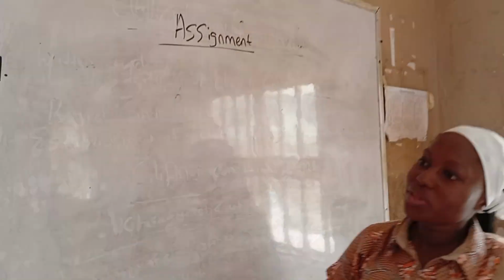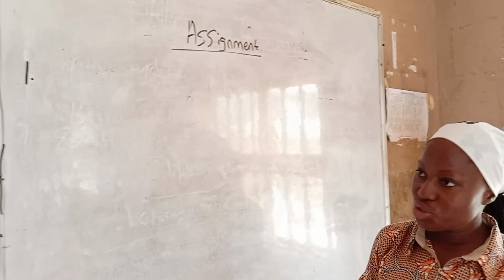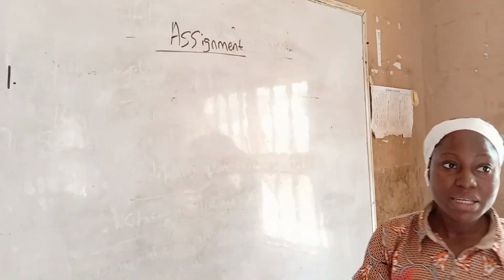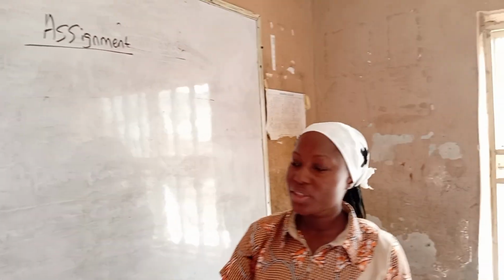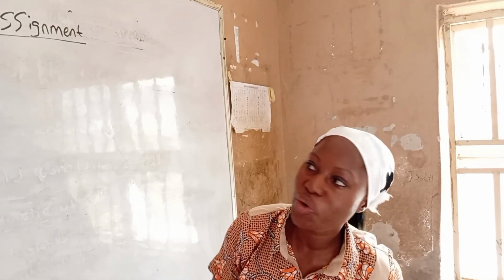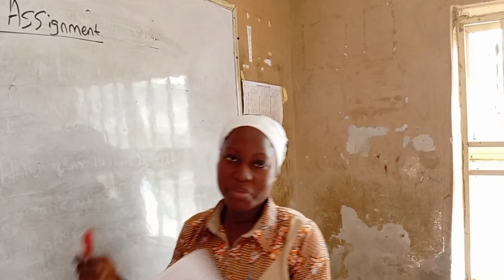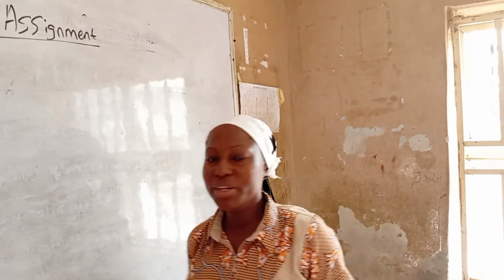Okay, so we have looked at the meaning of Constitution, the classification of the Constitution, and we treated the Clifford Constitution, looking at the merits, the demerits, and the features.